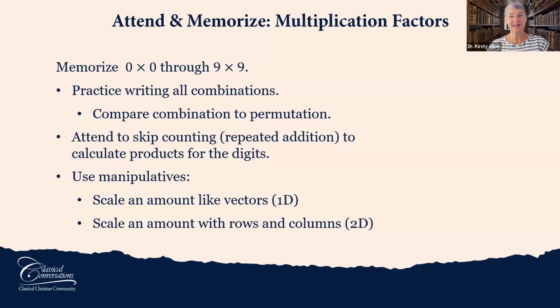Now, that's not to say that I'm discouraging you from multiplying more, right? We know that our students for Memory Master work through the 15s, the flashcards go through the 15s. I'm not discouraging you from that. That is a great way to speed up mental arithmetic and become familiar with the numbers.